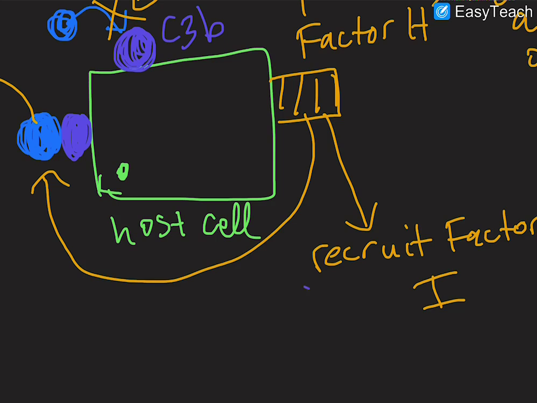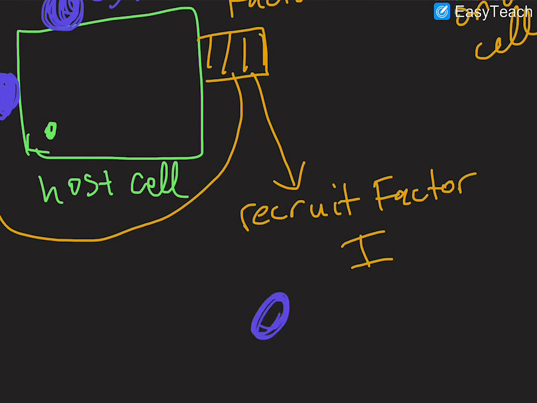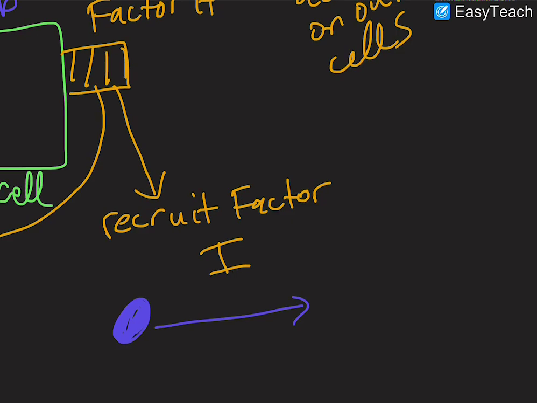So let's say we have C3b that's bound on the cell surface of our host cells. Factor I will come over and cleave C3b into iC3b. That way you can never form C3 convertase, okay? So that's actually pretty cool. This is also called inactive C3b.